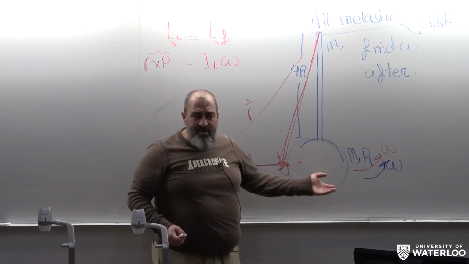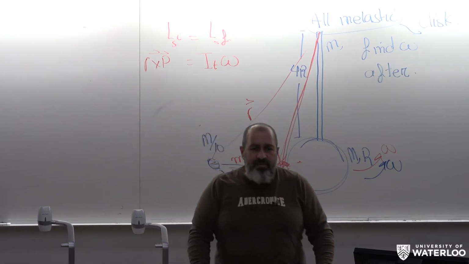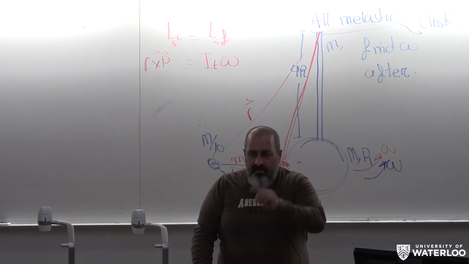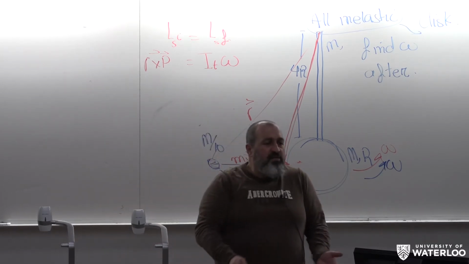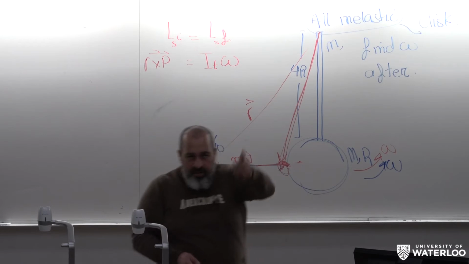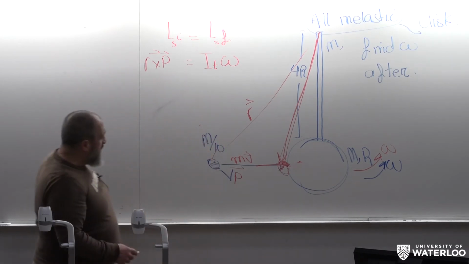And finally, the system has angular momentum, so the system must have had angular momentum before. And for an object moving in a straight line, the angular momentum is R cross P about the pivot. So keep that in mind.